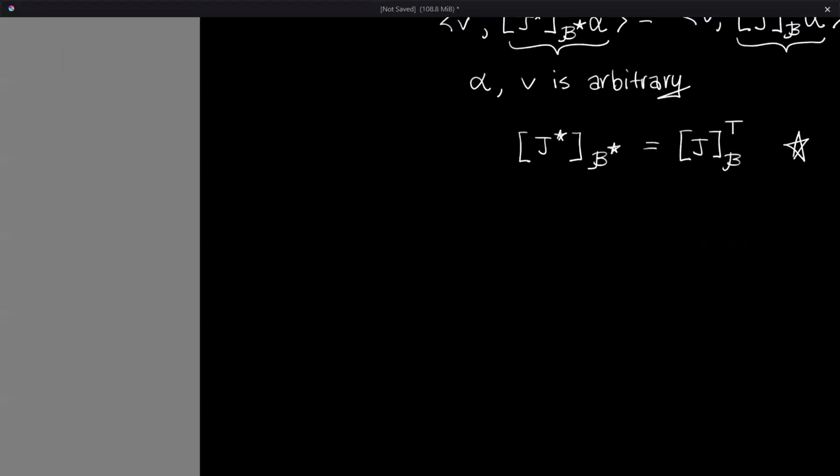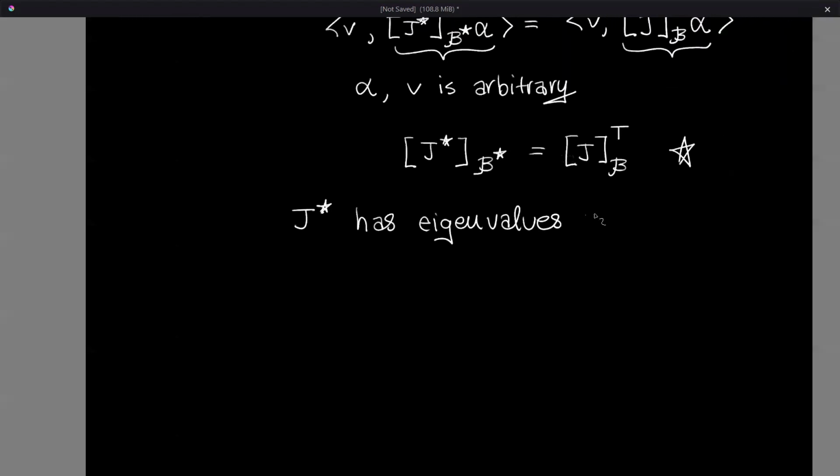Next, we're going to move over to the fact that J star has eigenvalues plus minus I. That means that its eigenvalues come from C, right?